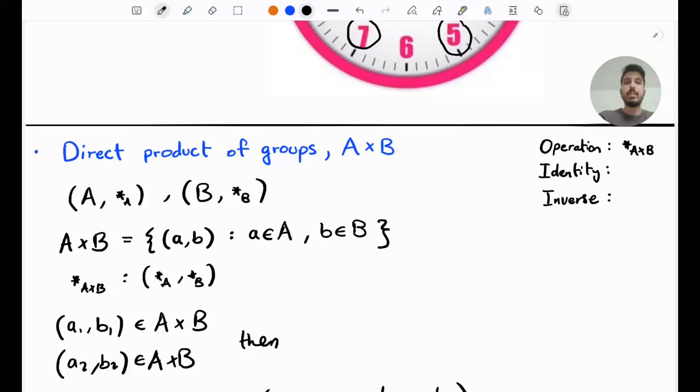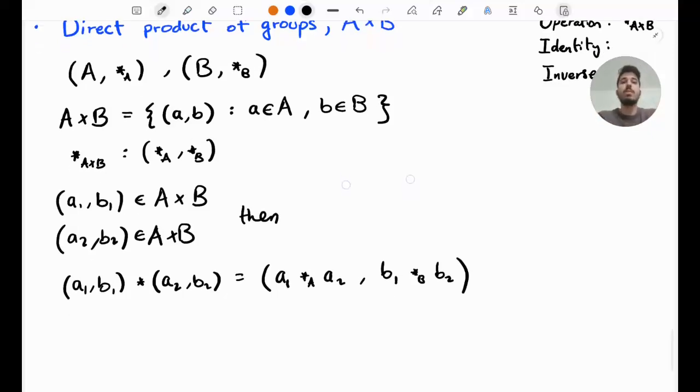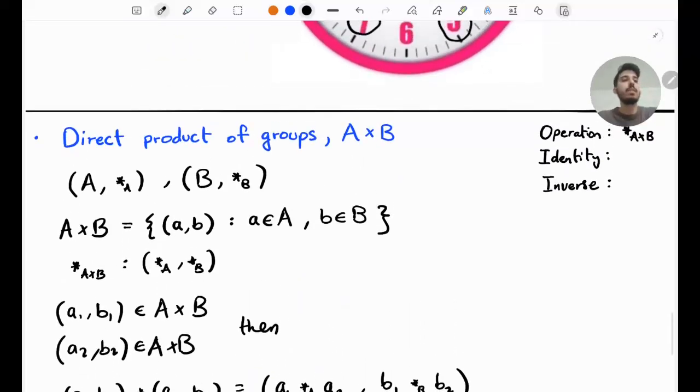What about the identity? The same way we combined both operations, can't we combine the identities as well? Because we know that A and B are groups, so they must have identities and they must have all the group stuff. So let's call the identity e. It will be (e_A, e_B), the identity from A and the identity of B. So that is our identity.